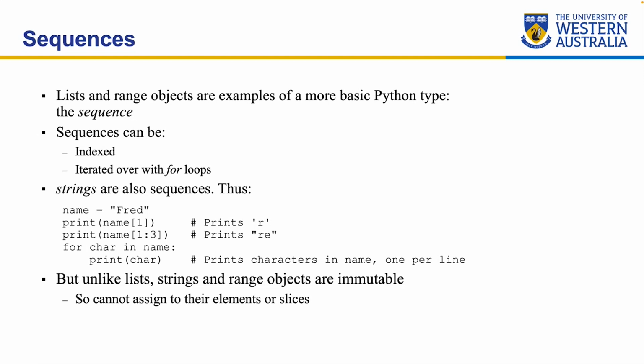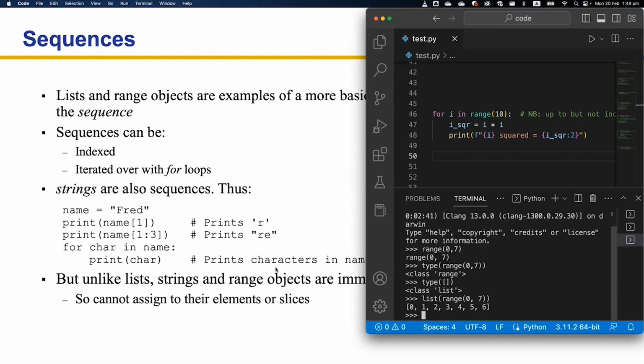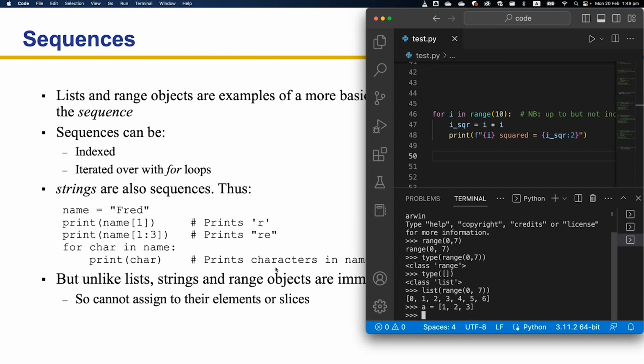But unlike lists, strings and range objects are immutable. Remember from the tuples lecture video, immutable means you cannot change the values assigned to them once they have been defined. So let me give you an example. a equals [1, 2, 3], and s equals (1, 2, 3).